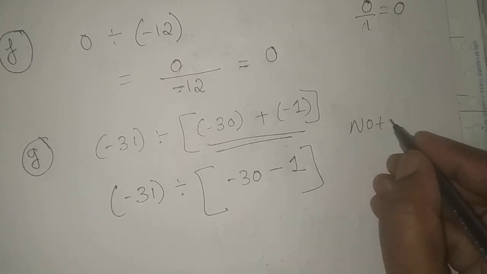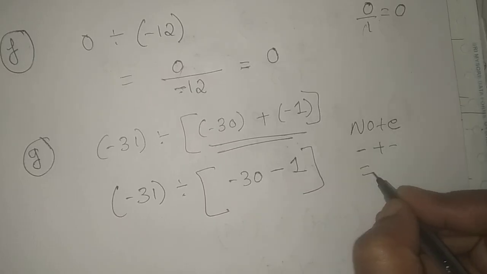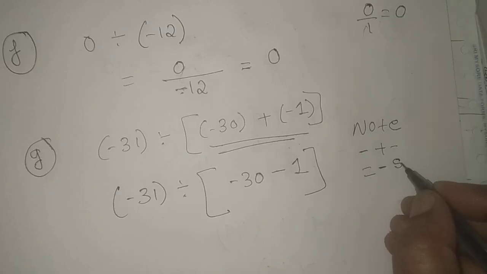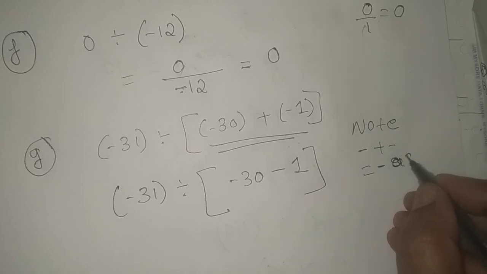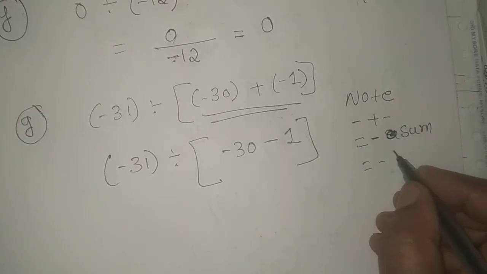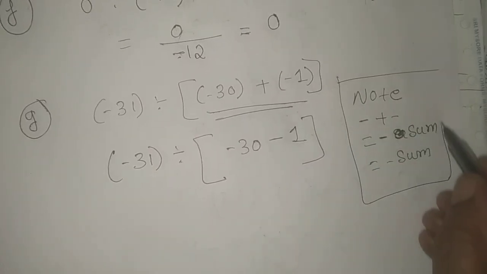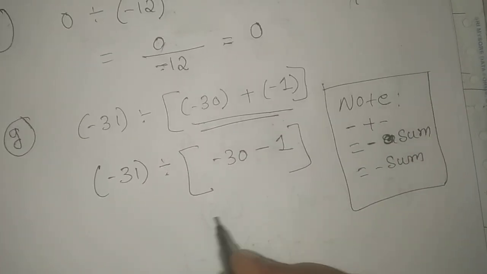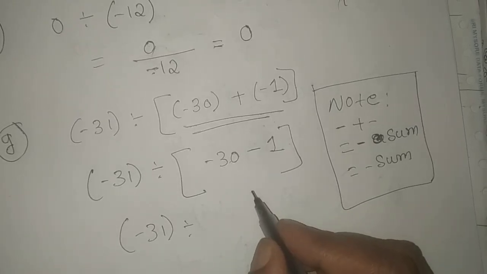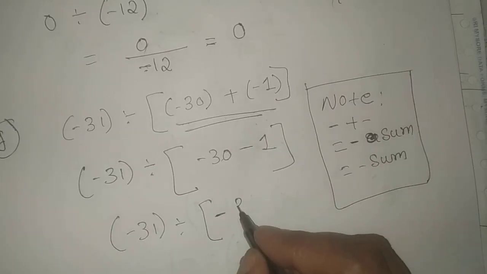So note what: minus plus minus will be equal to minus. Add and put the minus sign. So we'll write it as the sum and put the minus sign. So this is the note here. Now write minus 31 as it is, divided by minus 30 minus 1 will become add, put minus sign, 31.